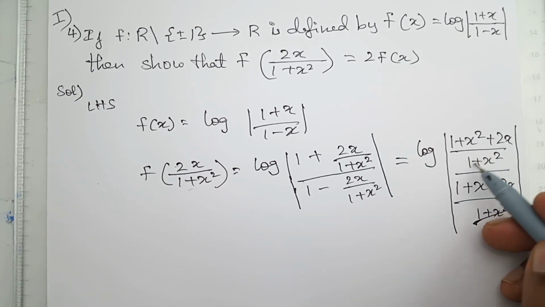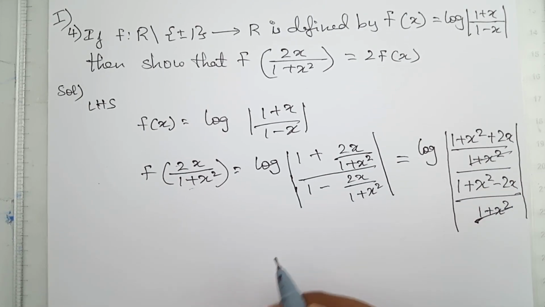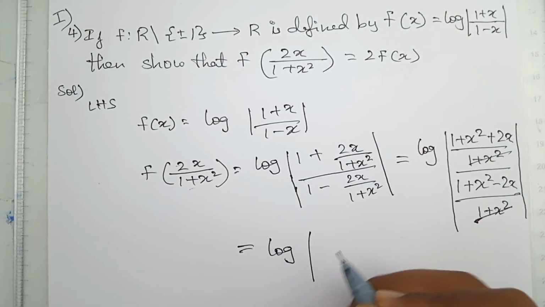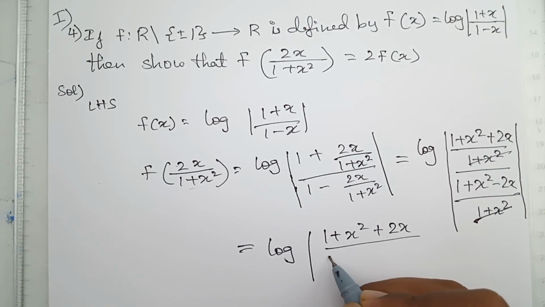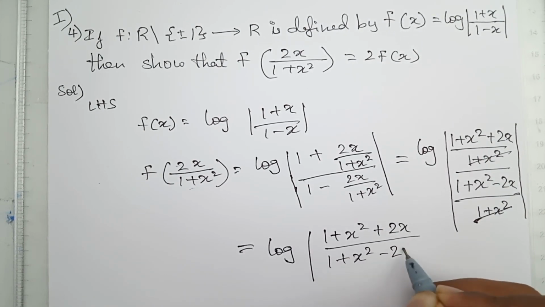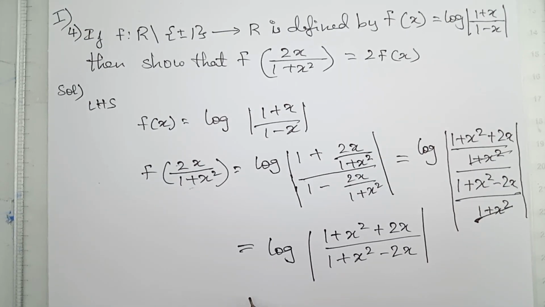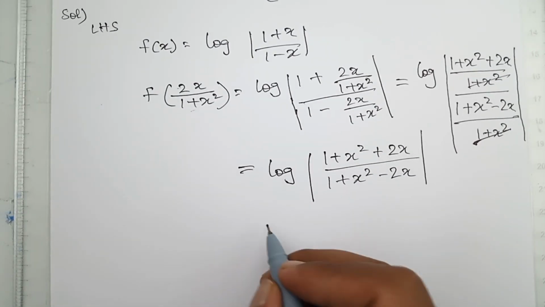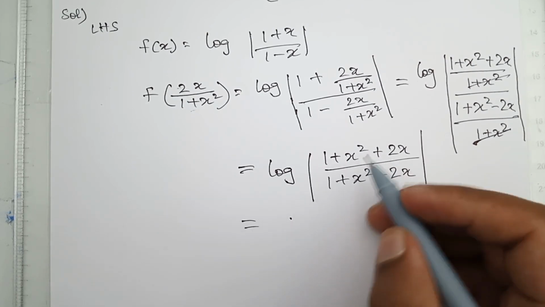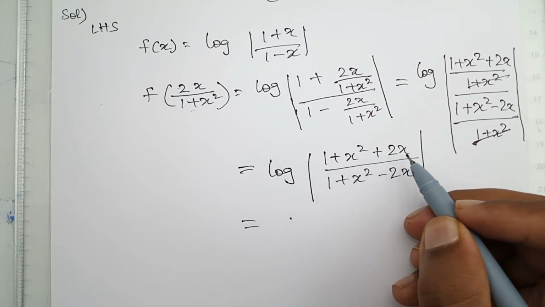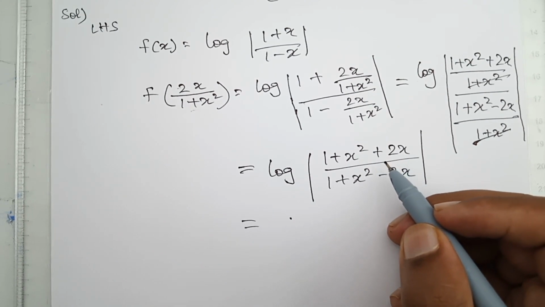Now denominators get cancelled and remaining it will be log 1 plus x square plus 2x by 1 plus x square minus 2x. Okay, now in the next step we can take 1 plus x square plus 2x as x plus 1 whole square, right?